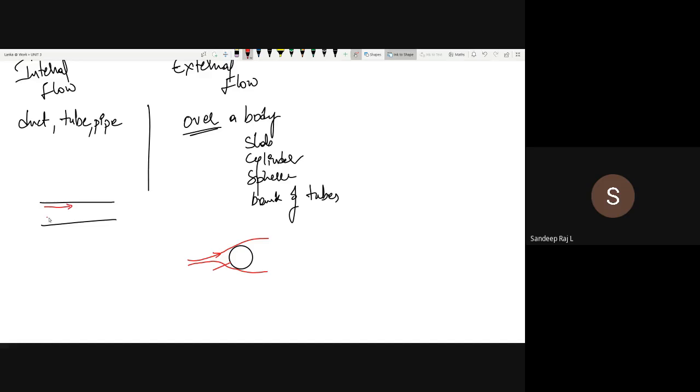The fluid is flowing from this end to this end, like this. So this is called internal flow, and that is called external flow.